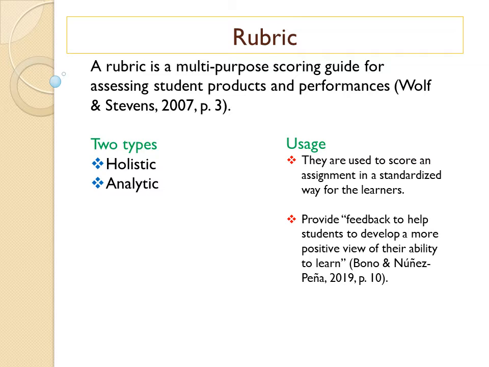Two types: holistic and analytic. Usage: they are used to score an assignment in a standardized way for learners and can provide feedback to help students develop a more positive view of their ability to learn.